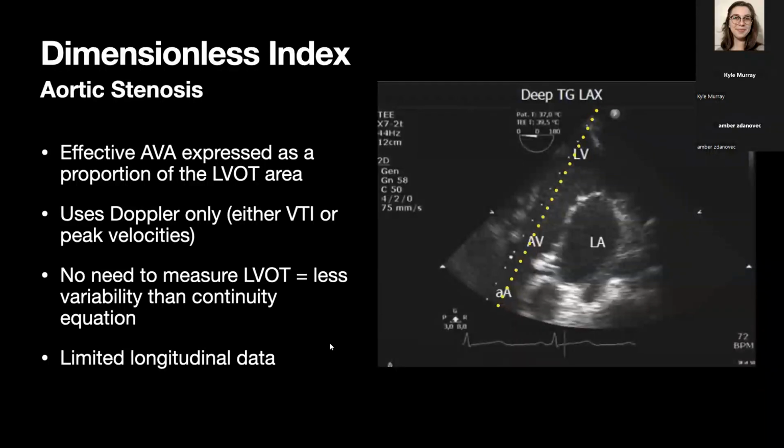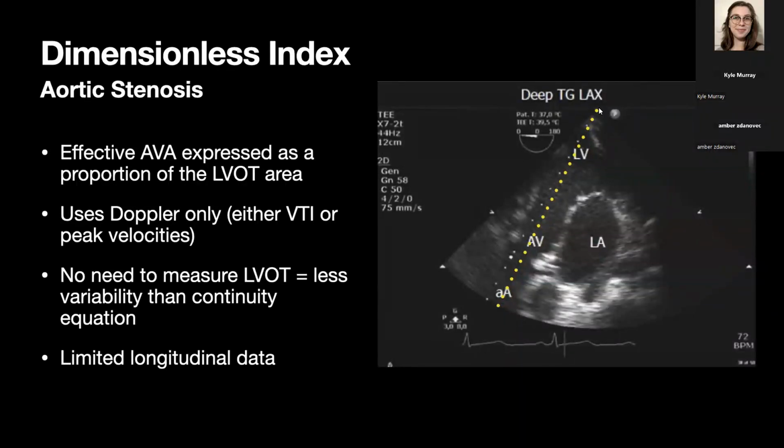And then if you need some more info, let's say, for example, you just can't get a great LVOT diameter or you want more data, you can get what's called the dimensionless index. I think it's also called the velocity ratio. But it's basically another way to think of aortic valve area, but you don't include the LVOT area.